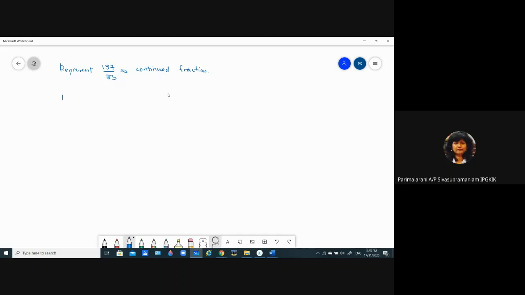Represent 137 over 33 as a continued fraction. We start with the first fraction. 137 over 33 is what plus what?